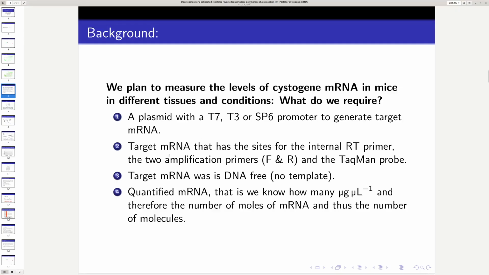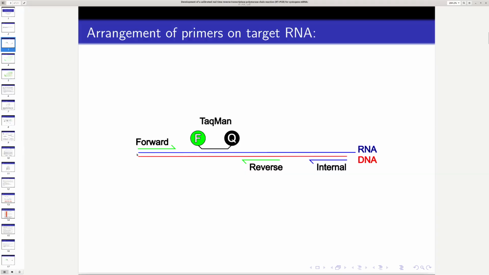And so what we have to do is make a target DNA mRNA that has sites for the internal RT primer, 2 amplification primers, the forward and the reverse, and a TaqMan probe. So let's go back to that slide again. So we need to make a DNA that is going to be used to make this RNA here.